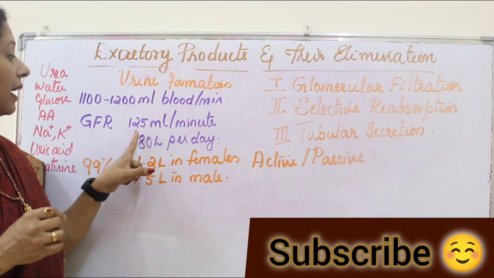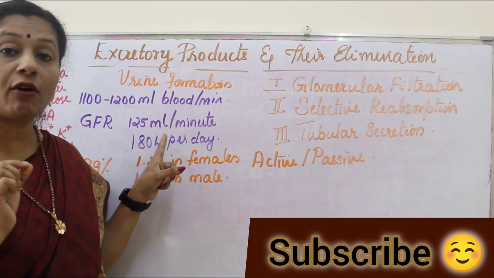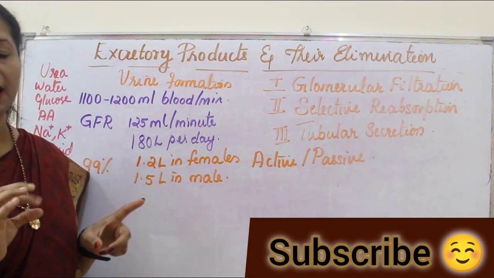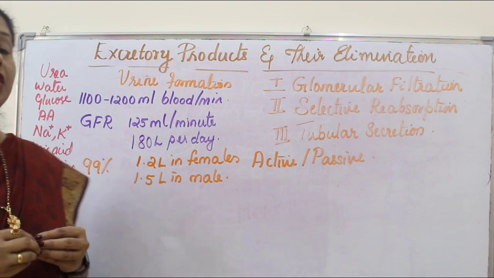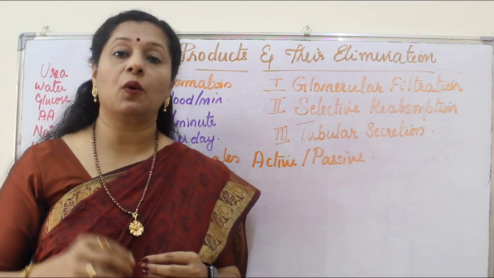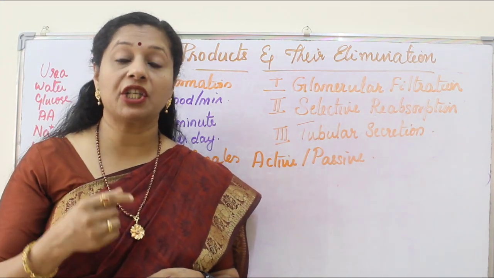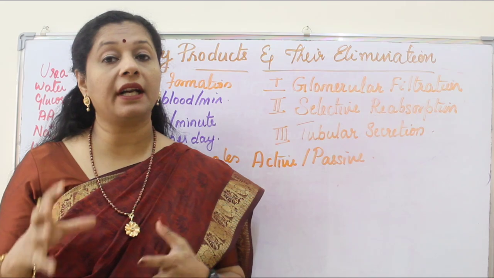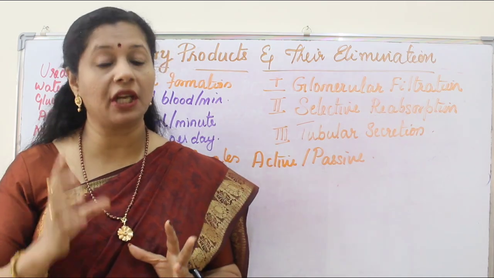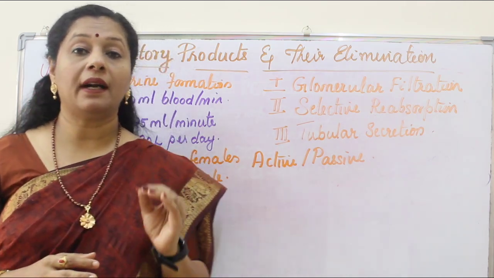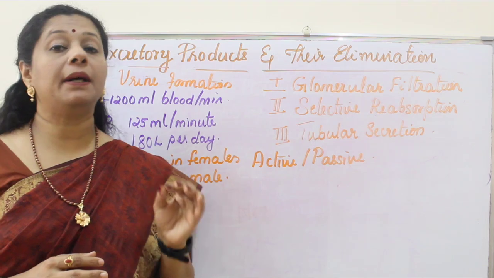It is 125 milliliters of filtrate per minute. This value is called the GFR. GFR stands for glomerular filtration rate, that is the amount of filtrate formed by glomerular filtration per minute. That is 125 milliliters per minute.